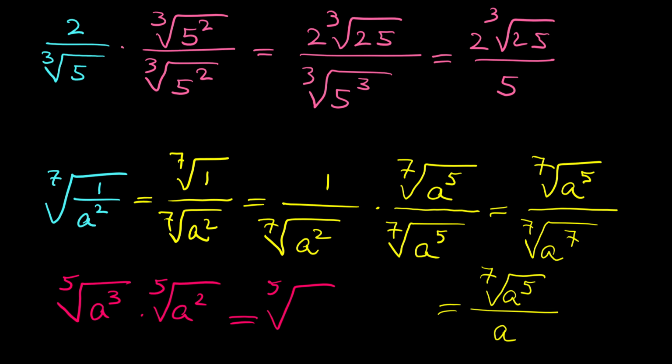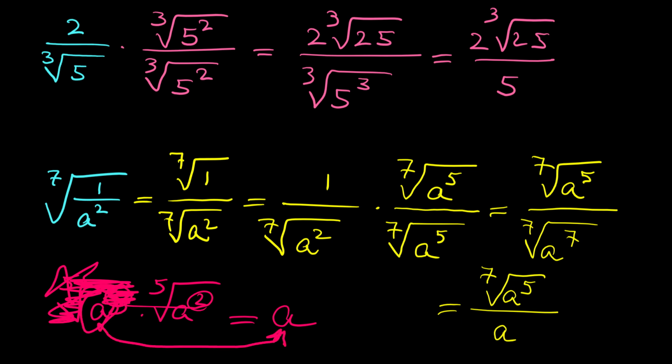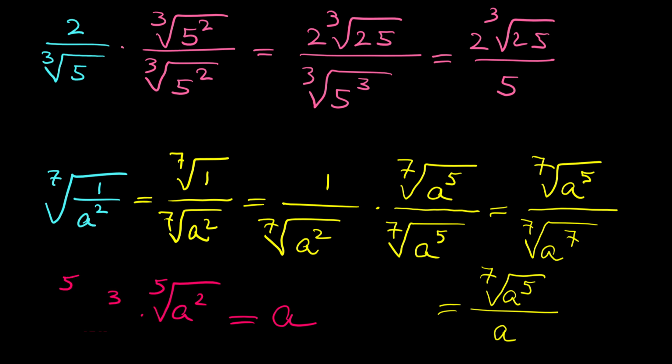Yes, the answer is the 5th root of a to the 5, but skip this middle step. The answer of this is a, because when we add this to this, the power is 5. The power 5 and the radical cancel, so simply erase the radical and the power altogether. The answer is only a. But don't worry about this. Gradually, when you do more examples, you can do this automatically by yourself.